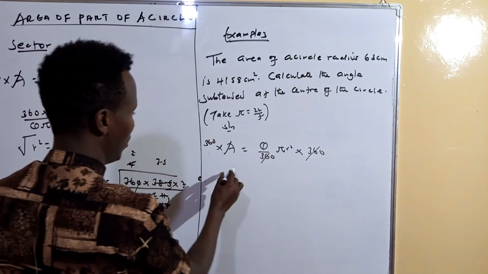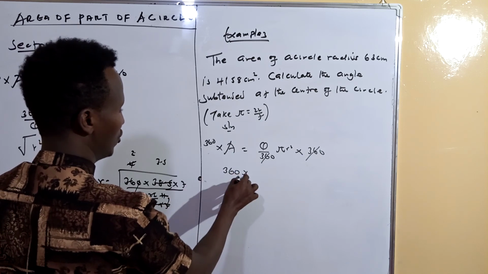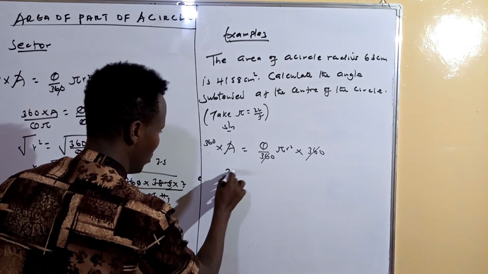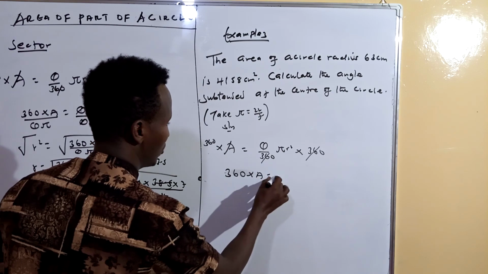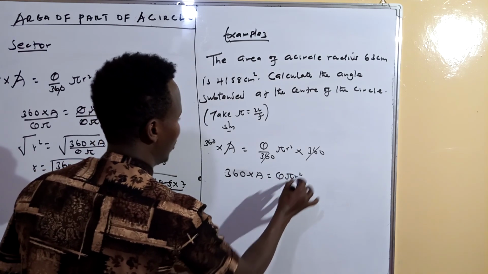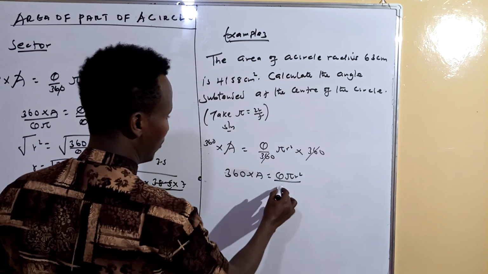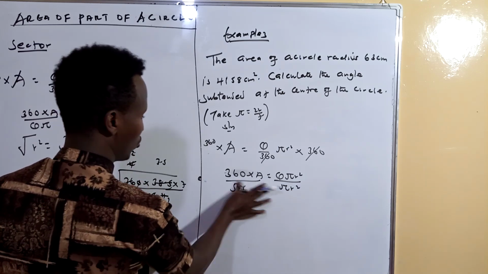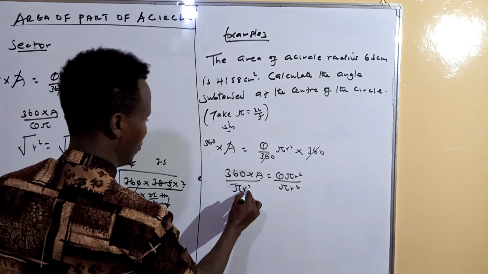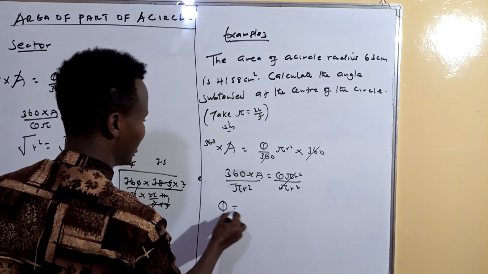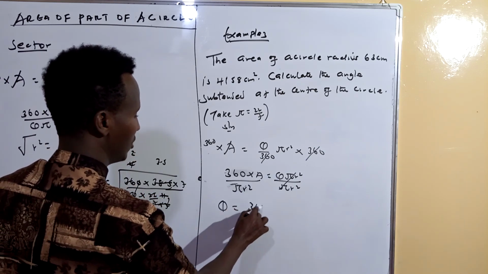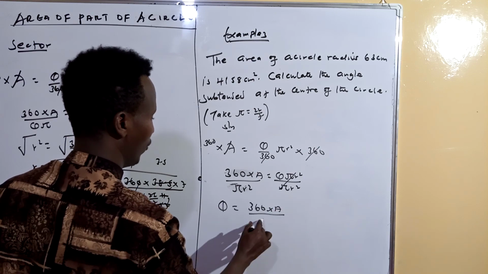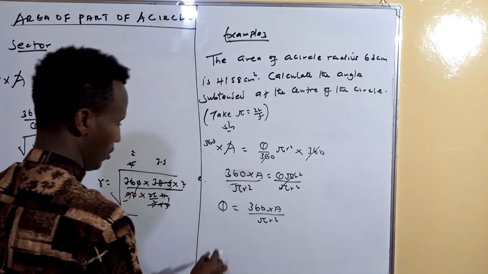Cancel these two. Then you'll have 360 times the area is equal to theta times pi r squared. We are looking for theta, remember? Divide both sides by pi r squared, and by pi r squared also here. Pi r squared cancels. So theta is equal to 360 times the area over pi r squared.